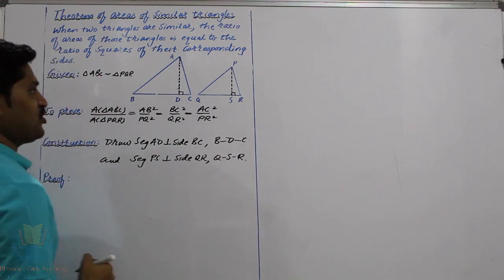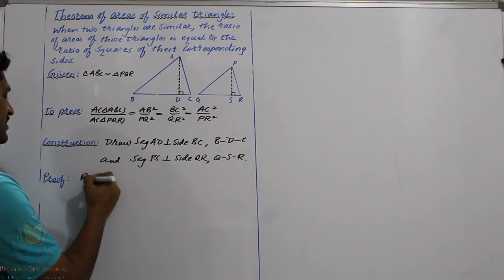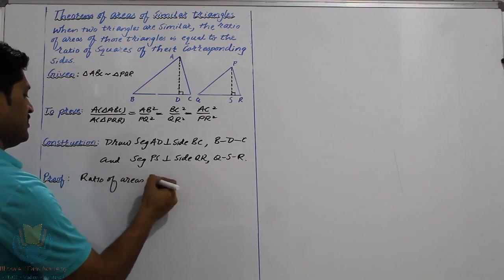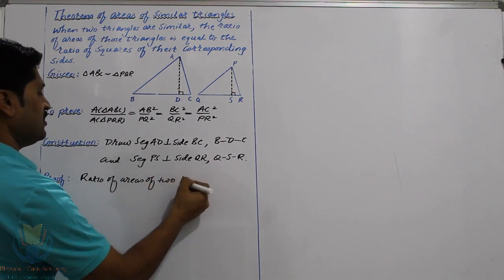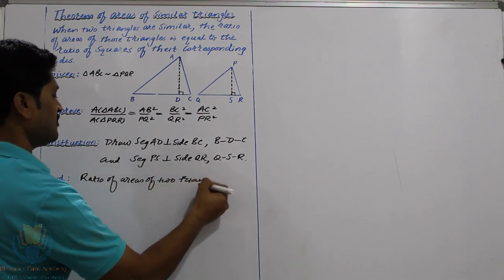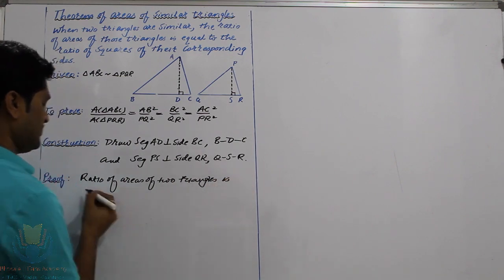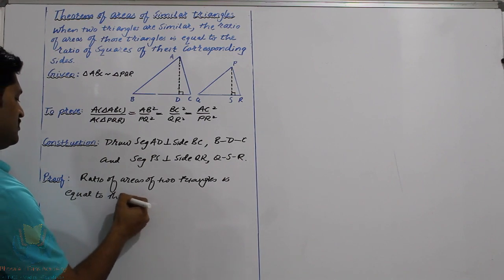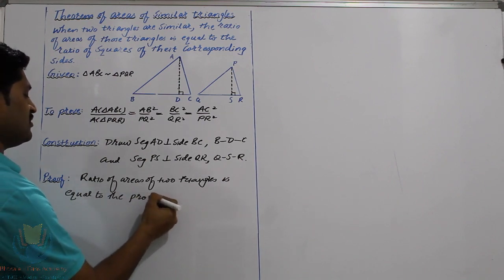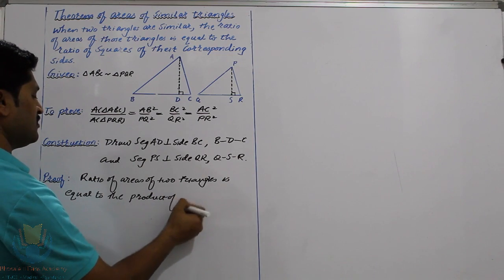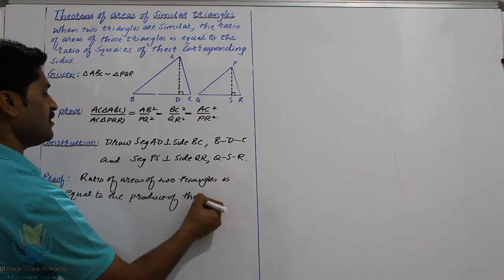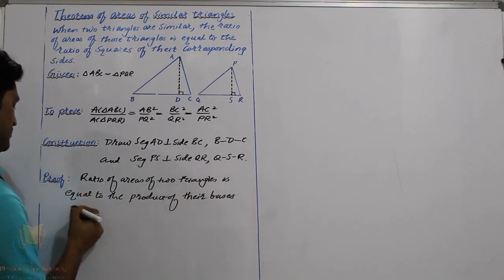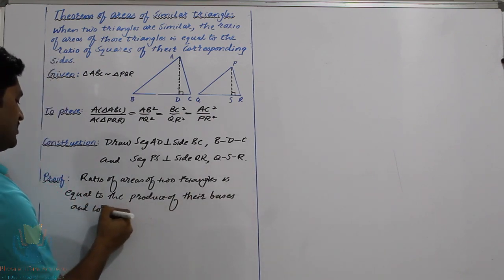We will use the first property of this lesson, that the ratio of areas of two triangles is equal to the ratio of the products of their bases and corresponding heights.